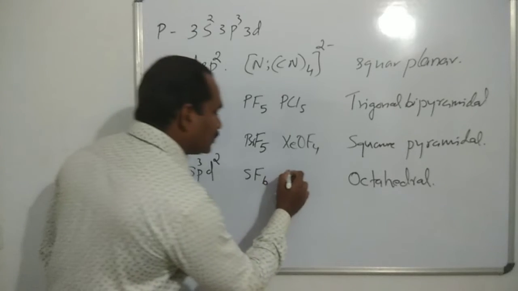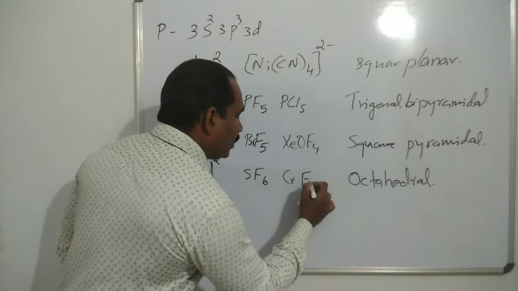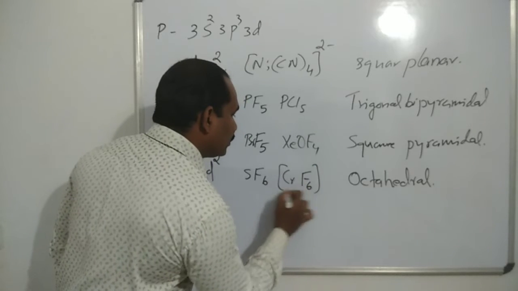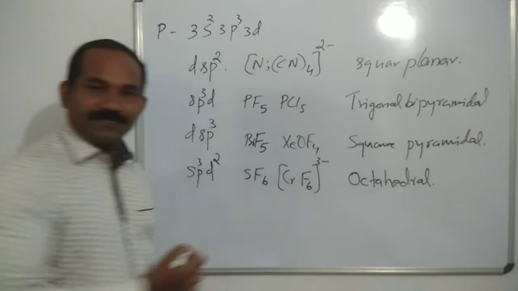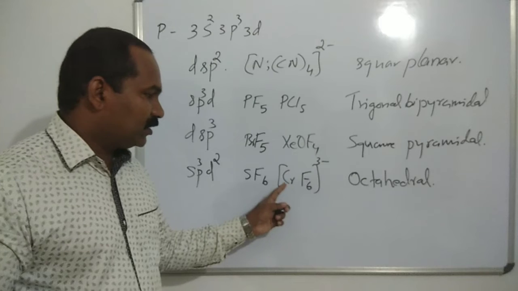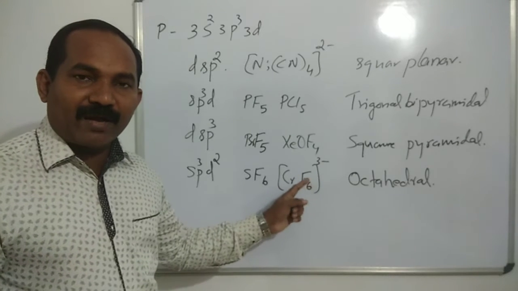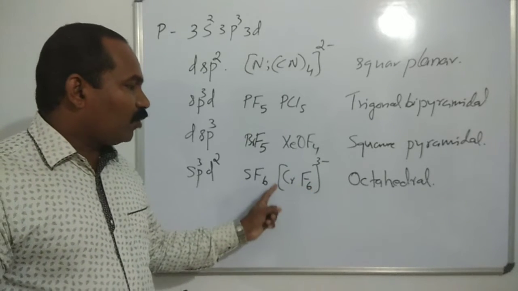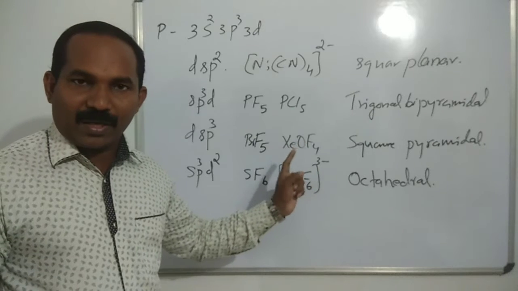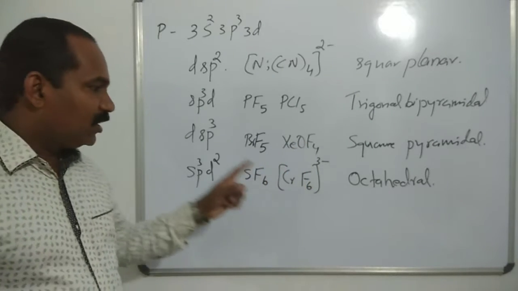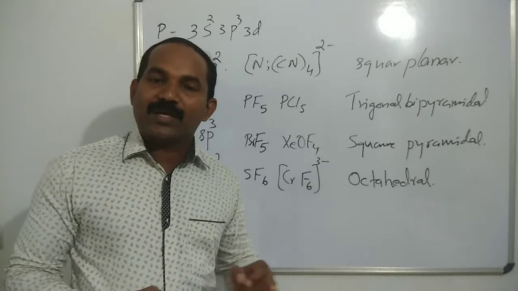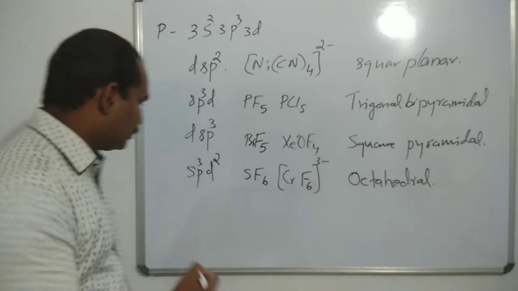Another example is [CrF6]3-. It's a complex, hexafluorochromate(III) ion. Later you will study coordination compounds in the plus 2 classes.